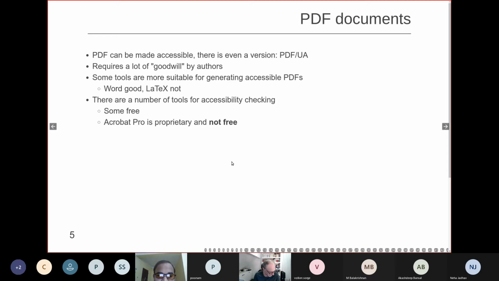I think Mac, and I used to have it on a Mac, but it also runs on Windows. Obviously, it doesn't run on other platforms, and moreover, it's not free. So in many ways, if you want to put in the effort to make something accessible, and therefore be kind of good to the community, you have to pay quite dearly in order to get the software which allows you to do that, which is obviously a severe drawback, in my opinion at least, when it comes to making PDF documents accessible.